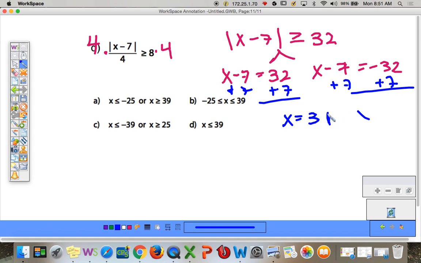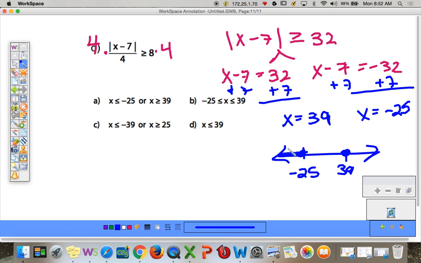We get x equals, we got negative 32 plus 7, negative 25. All right, so if we were to graph this, negative 25 is our small number, 39 is our big. There's an equal sign, so fill it in. And so x is less than or equal to negative 25, and x is greater than or equal to 39. So it's, again, A for this one.